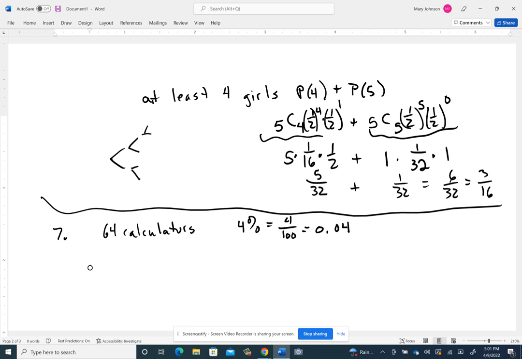All right, now it says find the probability of getting exactly 3, and I'm going to define a success as being a defect. See, we're looking for the probability of getting 3 defects. So define, let X equal getting a defective calculator.